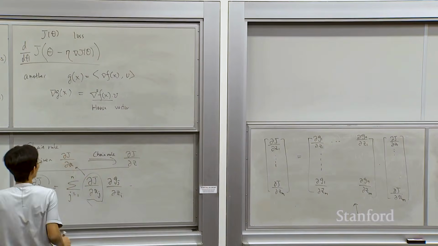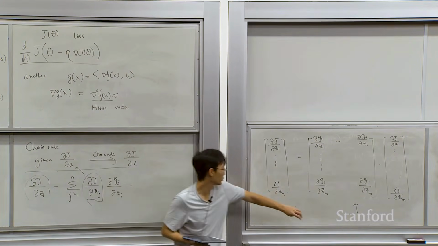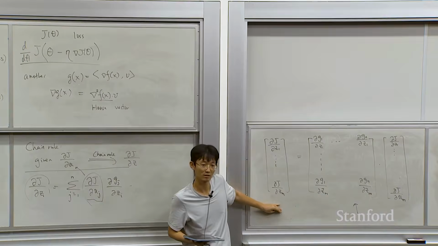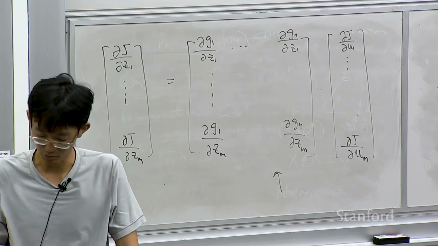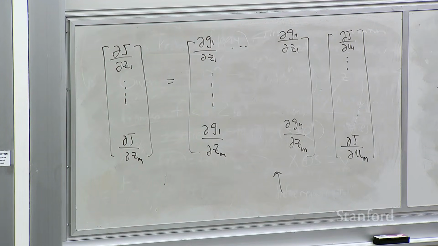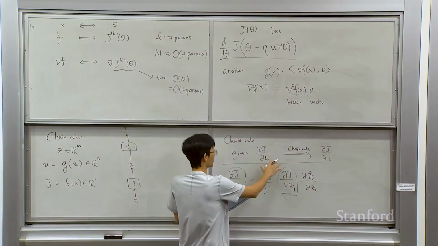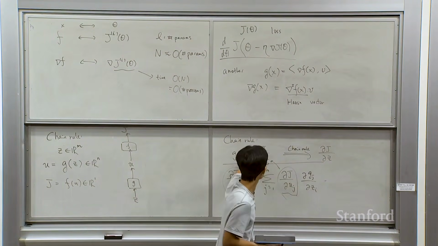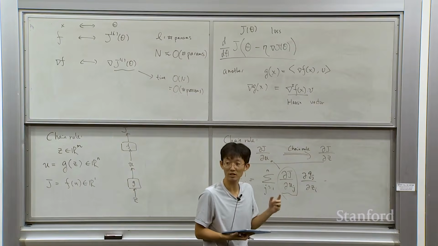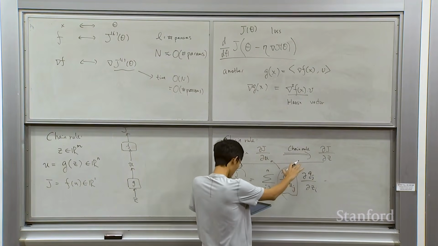You are given this, and you multiply by a matrix, and you get the derivative with respect to z.